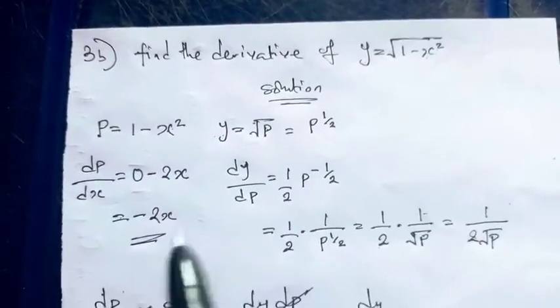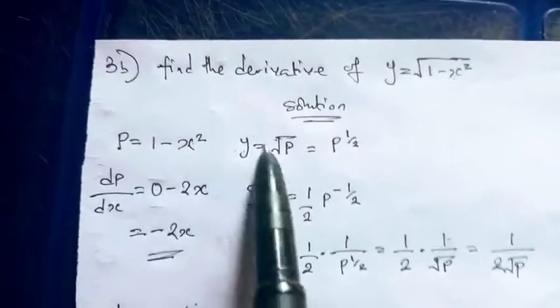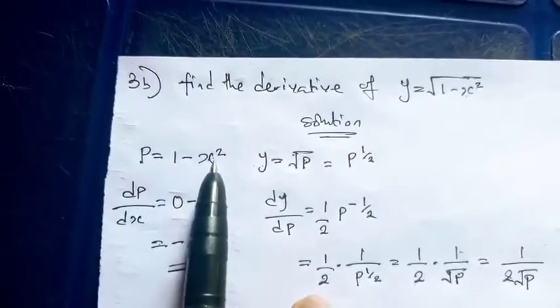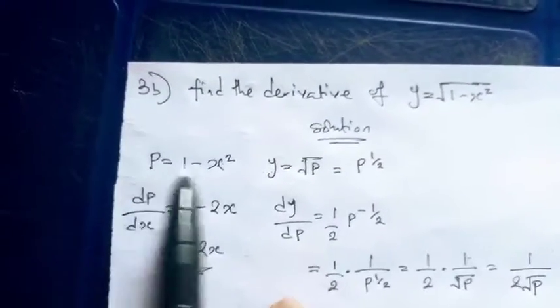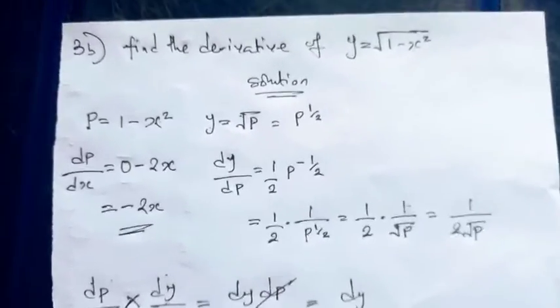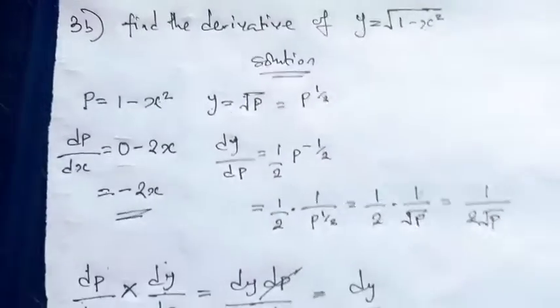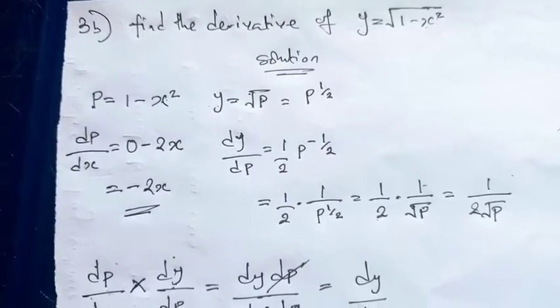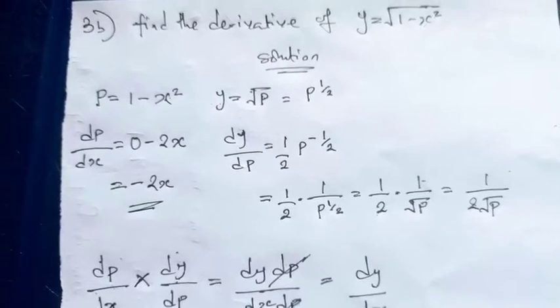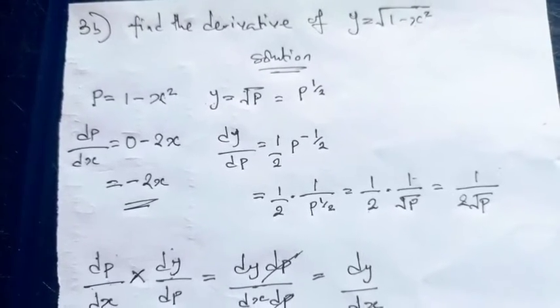Now, I differentiate these two independently. If I differentiate p with respect to x, I will have dp dx being equal to 0 minus 2x.